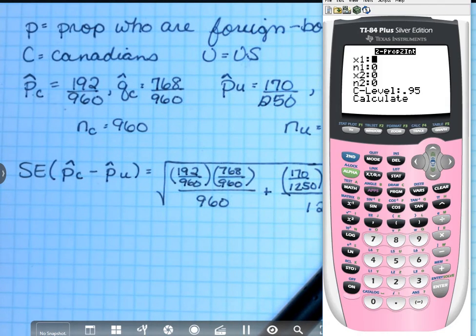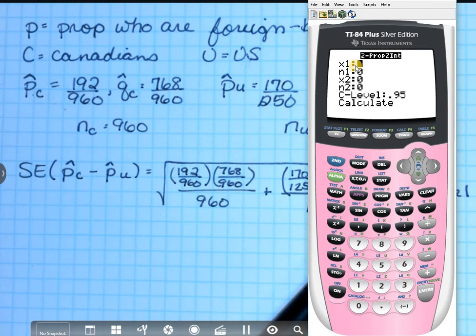Now for my calculator, what I'm going to do here, x1, you see how I have all of my first group here? x1 is the numerator for P1, n1 is the denominator. Integers only. If you put a decimal in any of these x's or n's, it will give you an error.